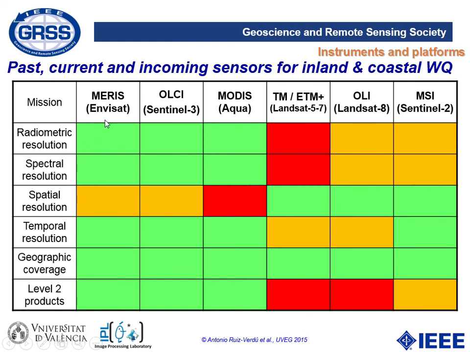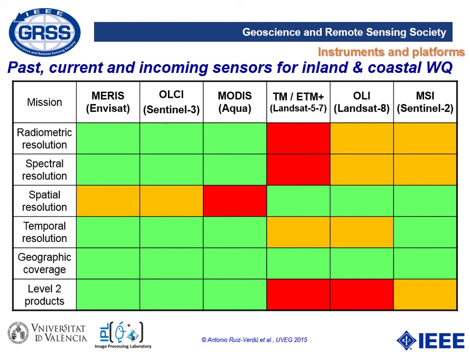For example, MERIS from Envisat, which was active about 10 years from 2002 to 2012, and which is going to be replaced by OLCI from Sentinel-3, are both ocean color sensors which have very good radiometric, spectral, and temporal resolution, and also good geographic coverage. And they also produce level 2 products. And it's the same case with MODIS from the Aqua satellite.